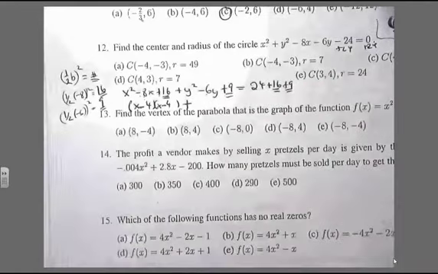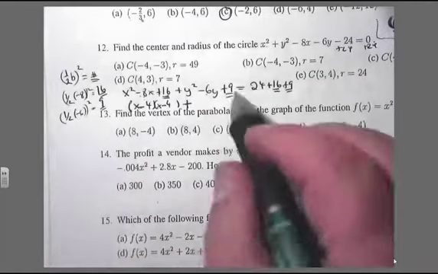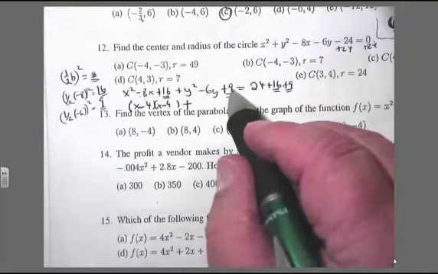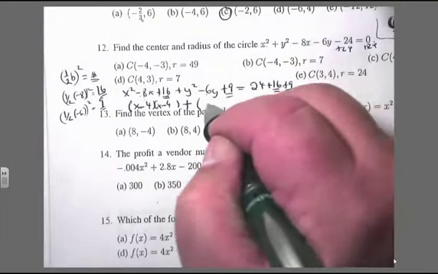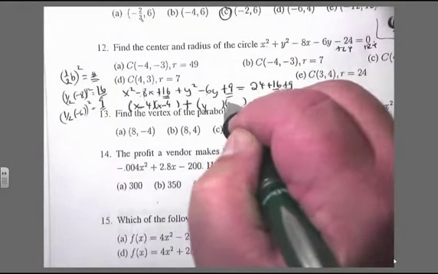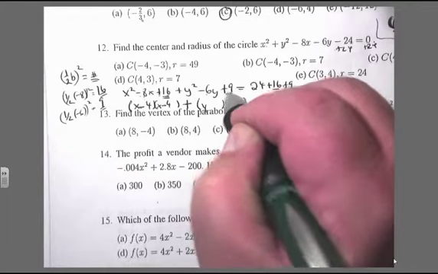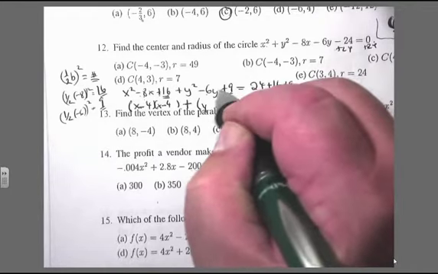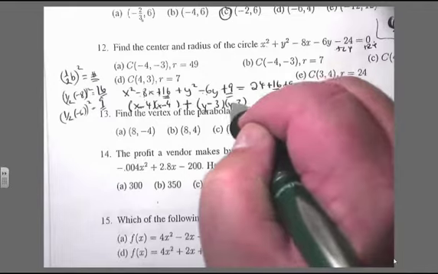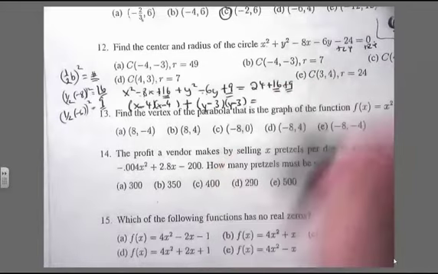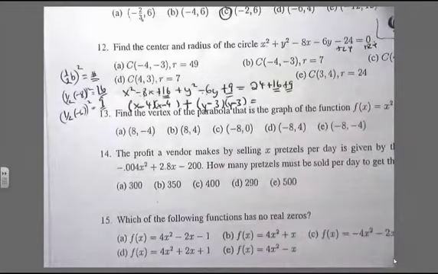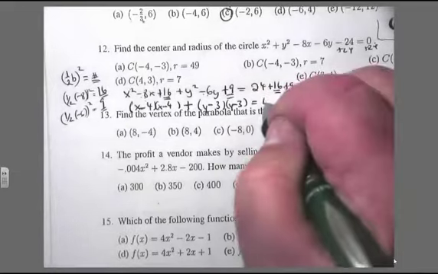Plus, for the y's, you've got y squared minus 6y plus 9. When you factor it, you get y, and what times what is 9 is 3 and 3. Since the middle term is minus, it'll be minus in both terms. Equals, and we add this up: 24 plus 16 plus 9. 24 plus 16 is 40, plus 9 is 49.